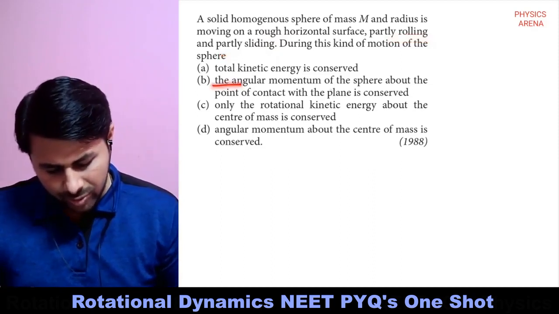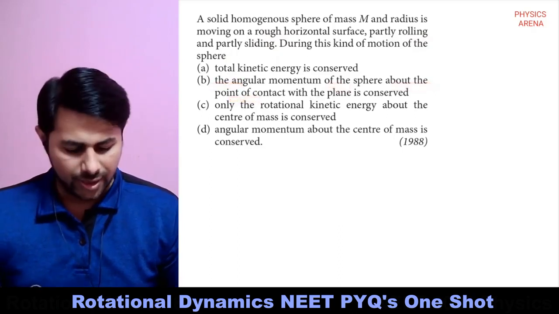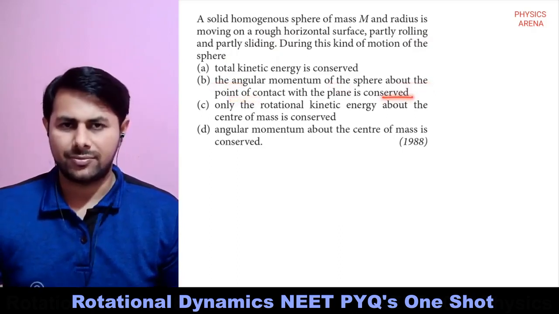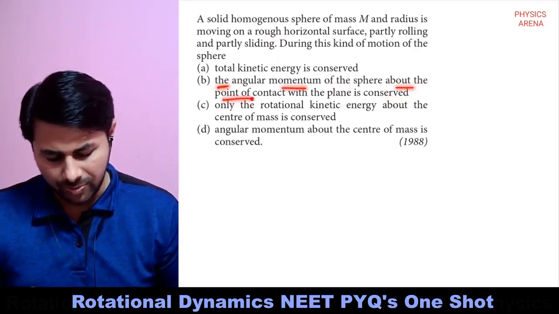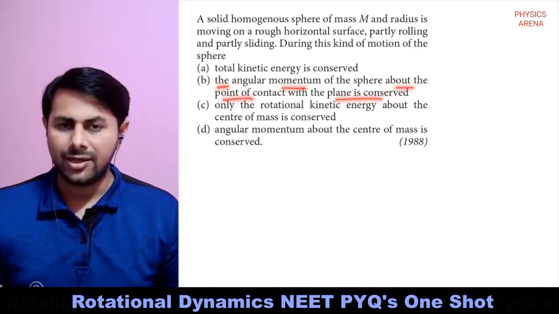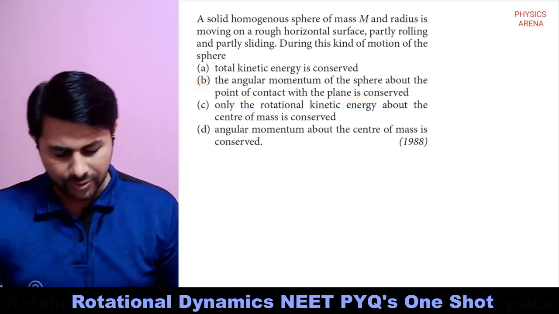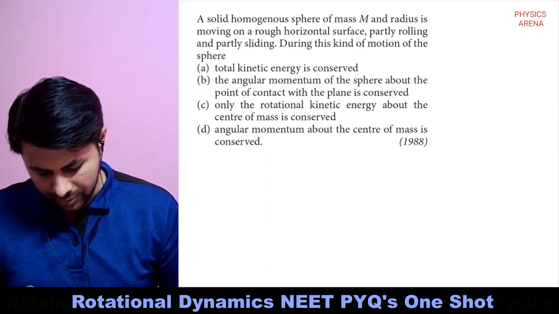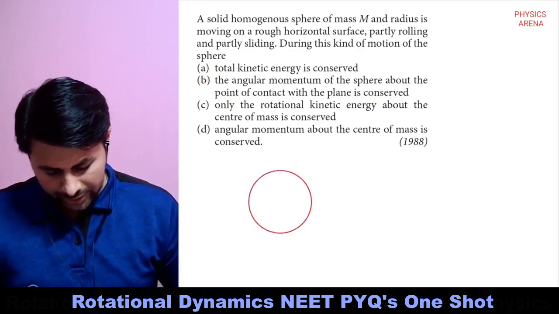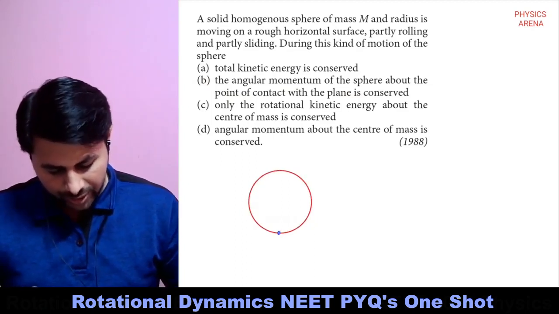Then the angular momentum of a sphere about the point of contact with the plane is conserved. Okay, this will be true. Why is this true? See, if you consider the point of contact, so suppose this is point of contact.